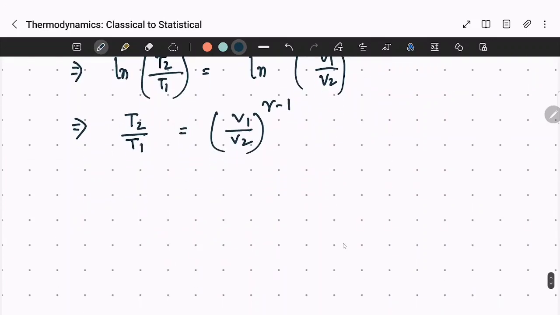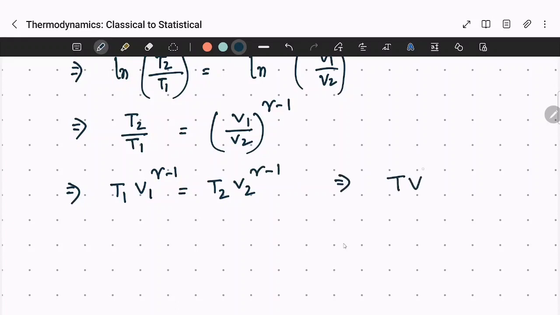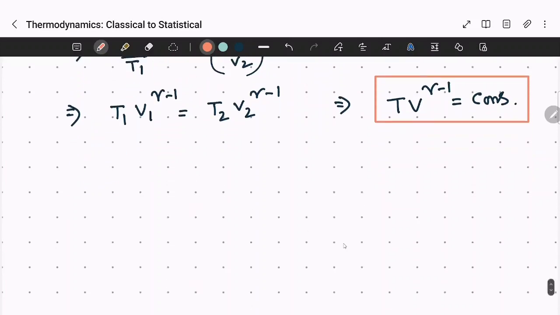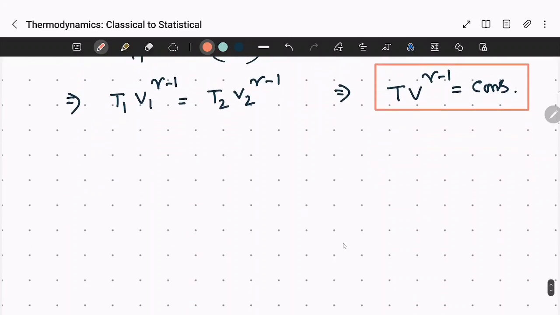So T1 V1 to the power gamma minus 1 equals T2 V2 to the power gamma minus 1. So in general, TV to the power gamma minus 1 is constant. Okay, this is the derivation. This is the first relation.